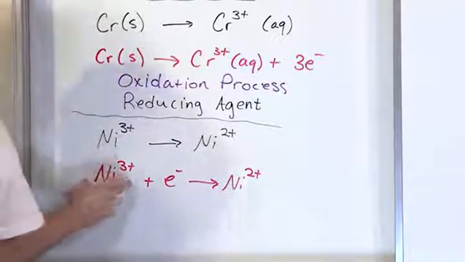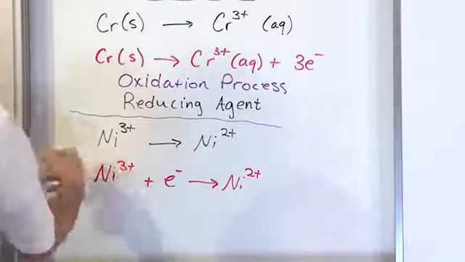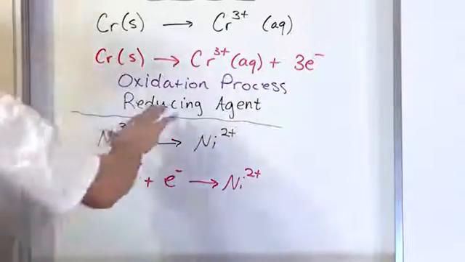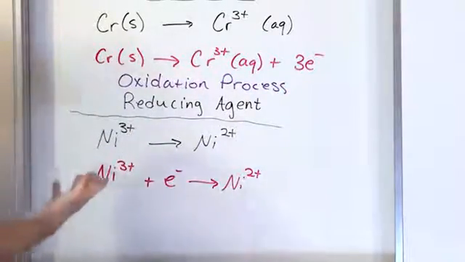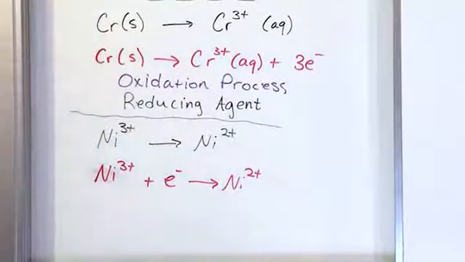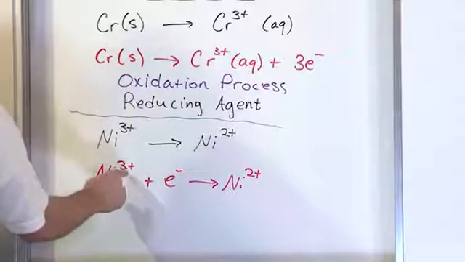So here I have a +3 charge on my nickel. That means this nickel is a neutral atom that's lost 3 electrons. If I add one of those electrons back, I'm going less positive, more towards neutral, and I end up with a charge of +2 on the nickel, because every time I add electrons back in, I'm making this thing more and more neutral.